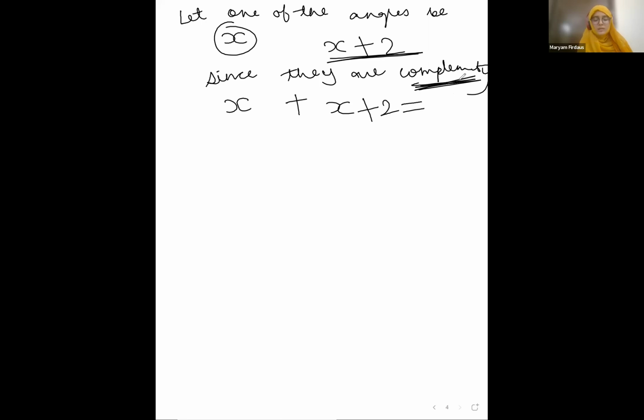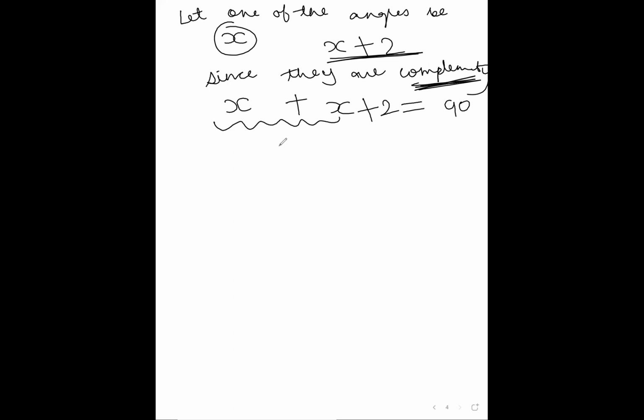Okay, just a sec. Okay, so what does the left hand side become? We have to end the class then. Right now, just after this question, what does the left hand side become? x plus x is 2x.